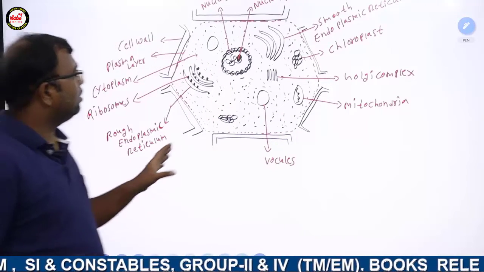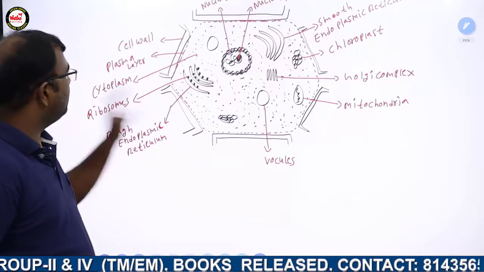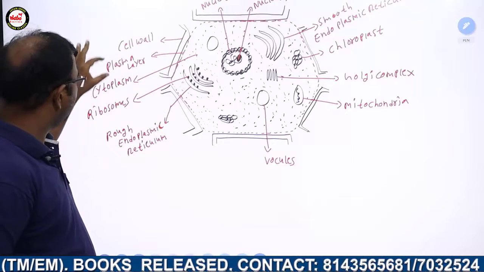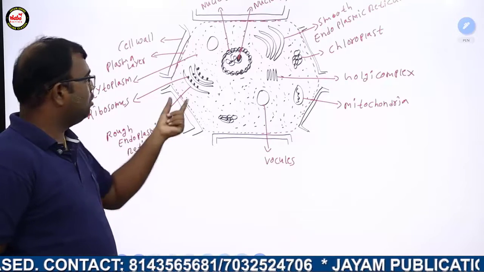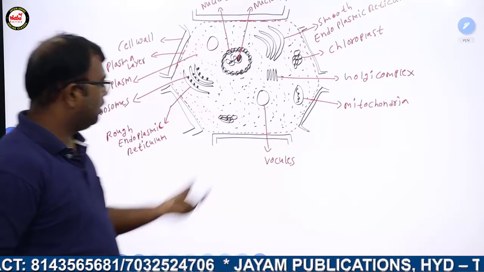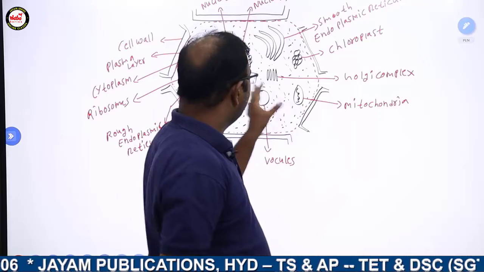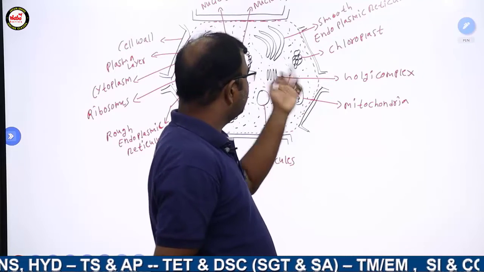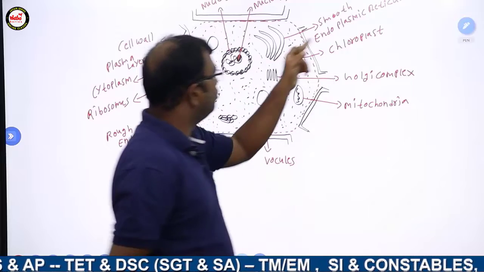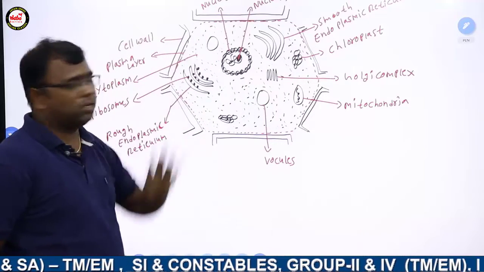These are the plant cell structures: cell wall, plasma layer, cytoplasm, ribosomes, rough endoplasmic reticulum, vacuoles, mitochondria, Golgi complex, chloroplast, smooth endoplasmic reticulum, nucleus and nucleolus.